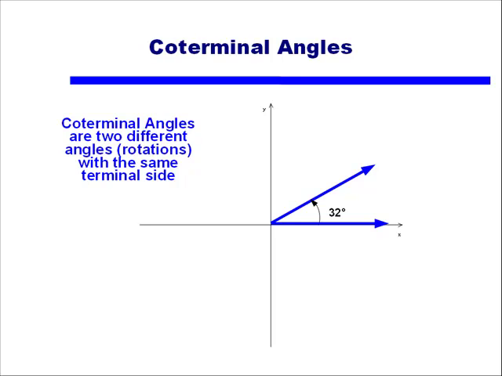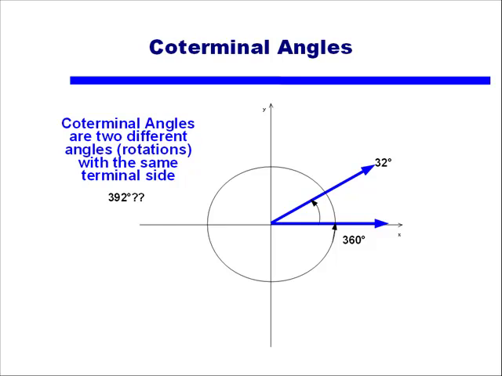However, what happens if I wanted to graph, say, an angle of 392 degrees? Well, that's odd, because really we know that there's 360 degrees in this circle. Well, first let's graph 360 degrees. That is at the initial side and goes all the way back around to that positive x-axis again.